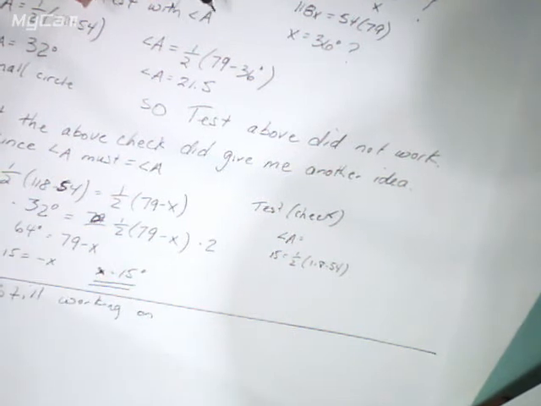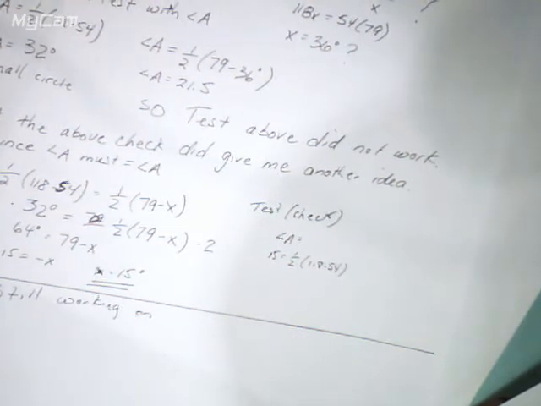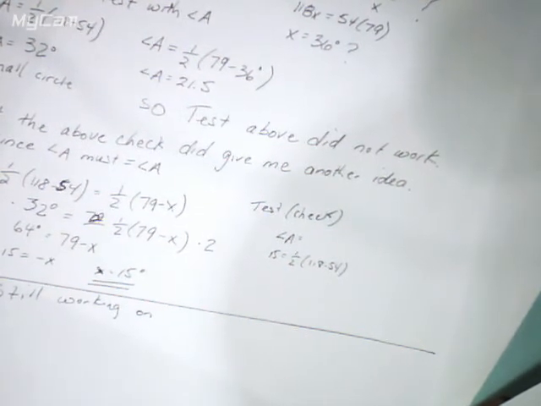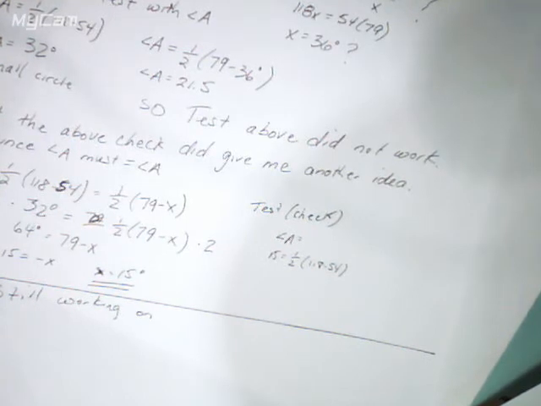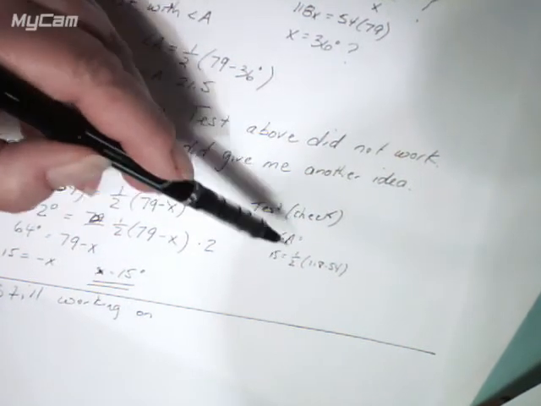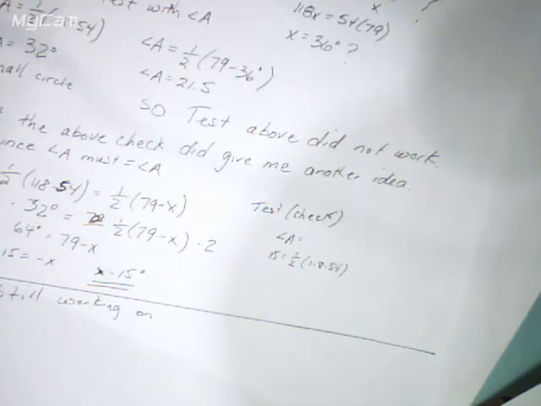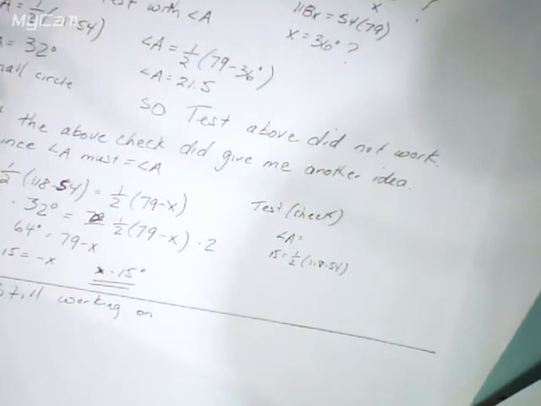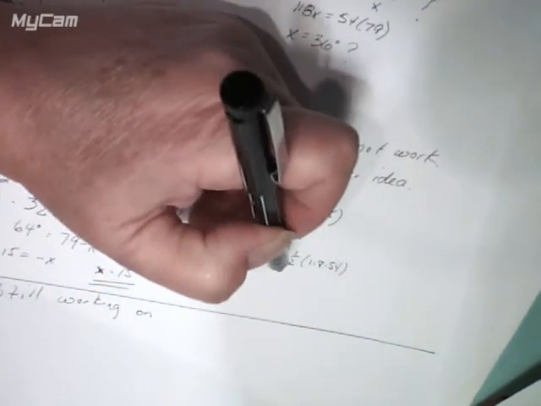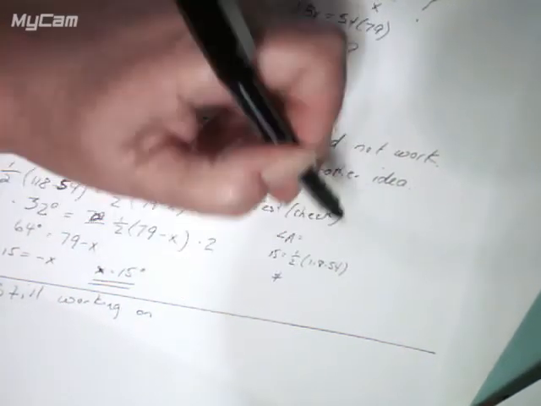Wait a minute, let me think about this. Oh, x is the arc. Angle A is that. Actually, I might have that wrong, because that is not going to be 15, not equal.